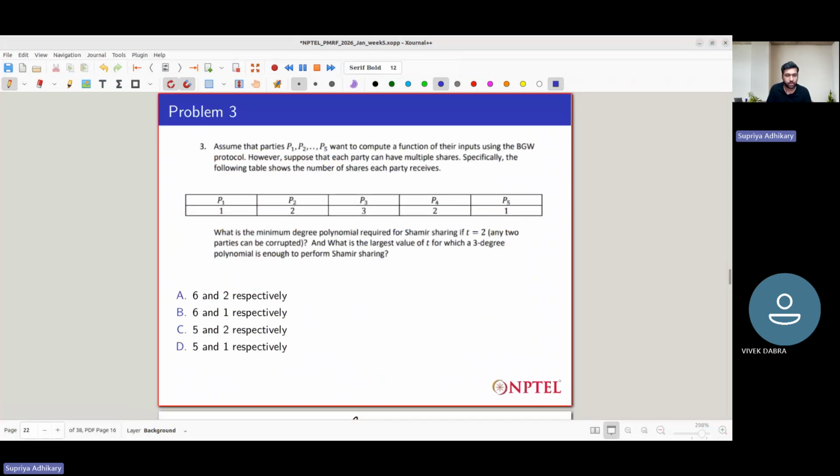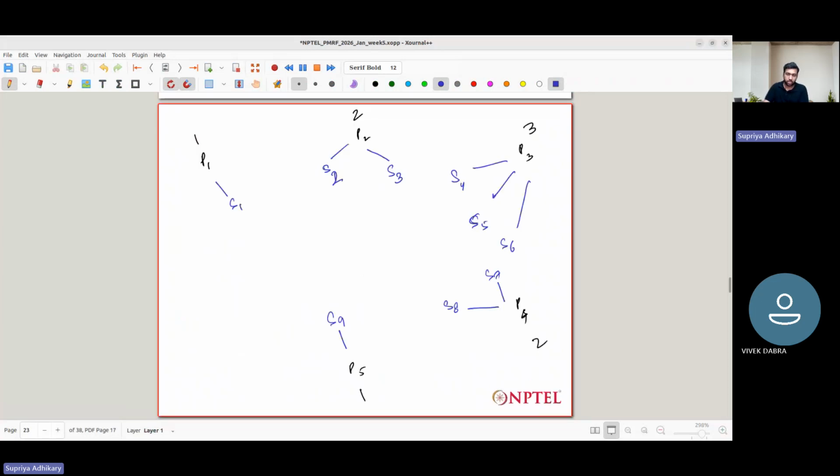So now the question is, what is the minimum degree of polynomial required for summary secret sharing for T equal to 2? Meaning that in the original protocol, T is 2, so any 2 parties can be corrupted. In order to find the minimum degree for summary secret sharing, we have to figure out, if we corrupt any 2 parties in this protocol, how many parties in the virtual protocol will be corrupted.